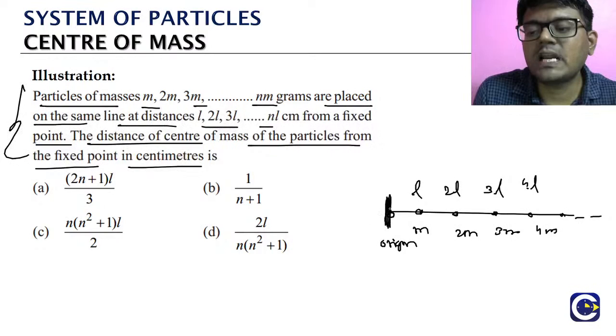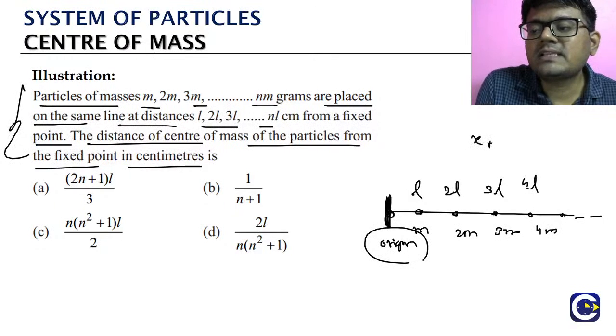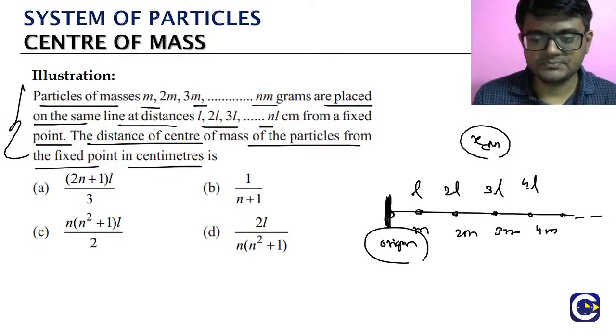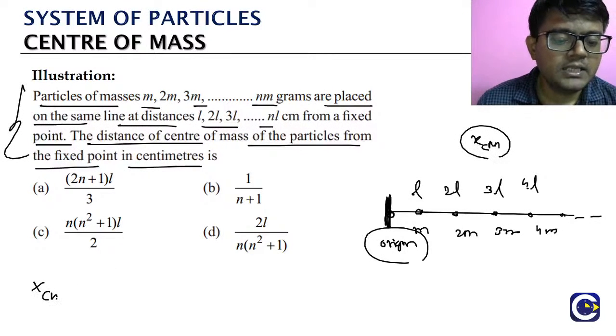The distance of the center of mass of the particles from the fixed point: because we have taken the fixed point as the origin, we need to calculate x center of mass. What is the formula for the x coordinate of the center of mass?